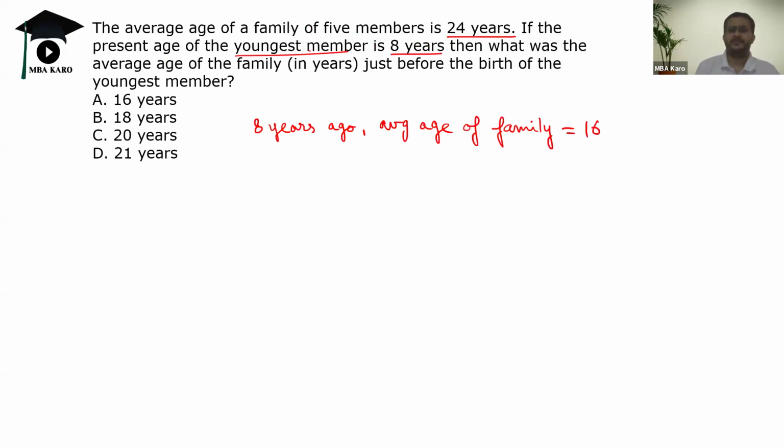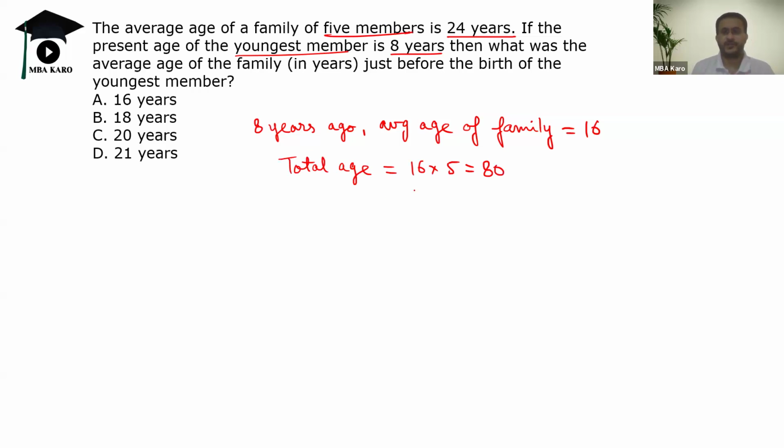Now, how many people are there in the family? 5 members. So the total age was 16 into 5, that is 80 years. Back then the total age was 80 years, and the youngest person was just born.